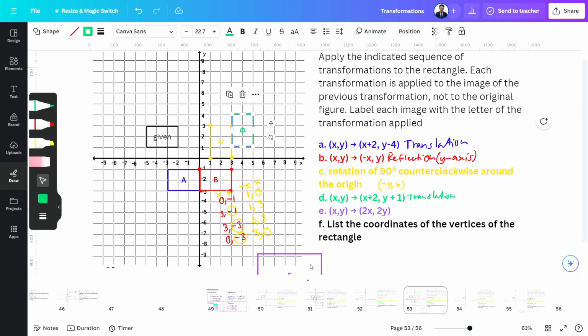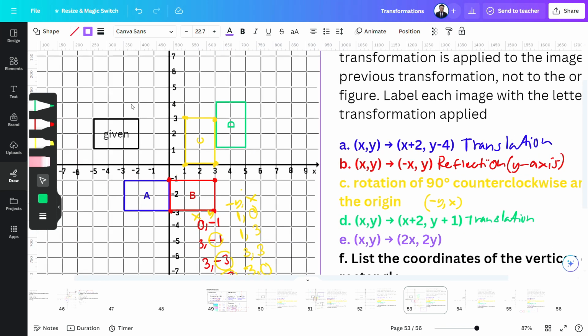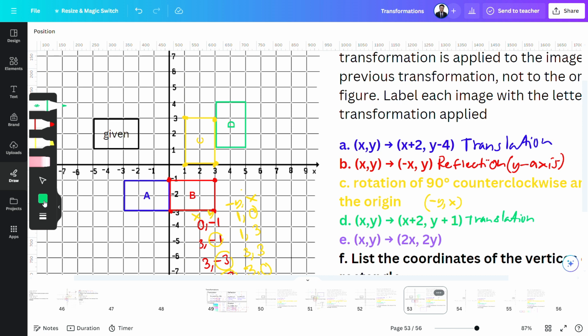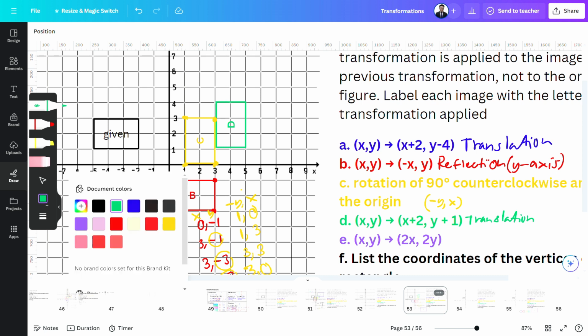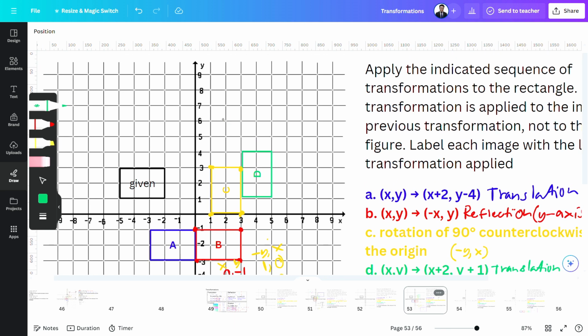For letter E, before I do it, let's first check the coordinates of our letter D, because we'll be needing that. So for figure D, we have this point.